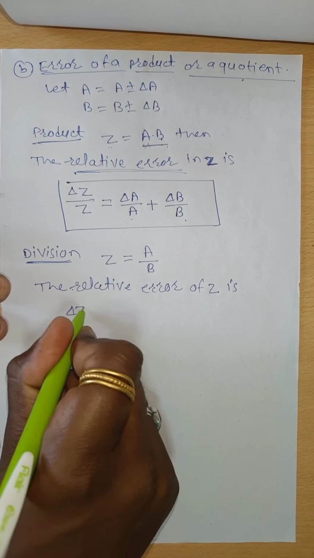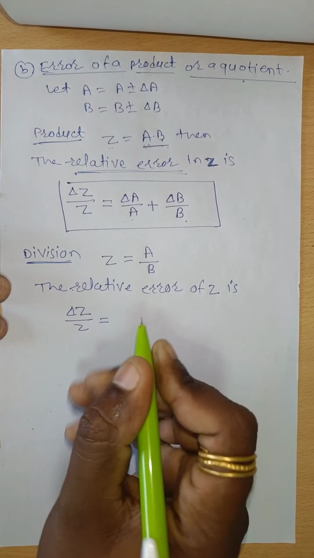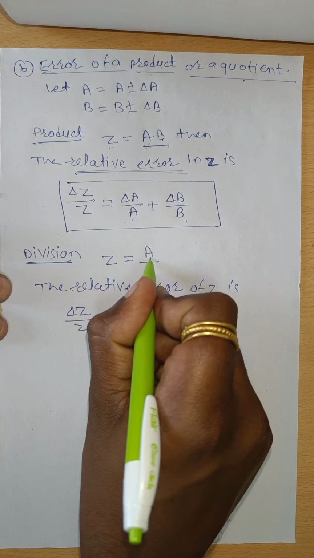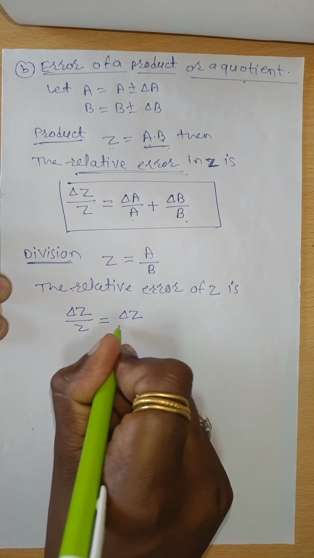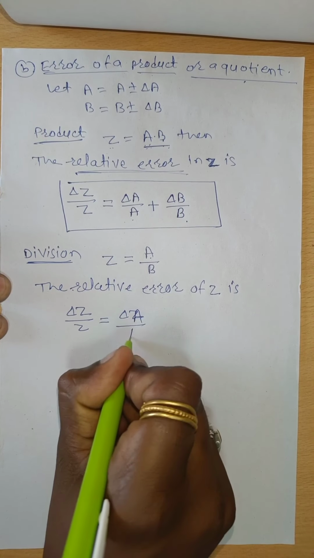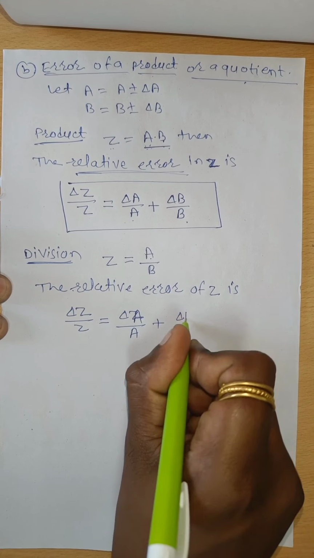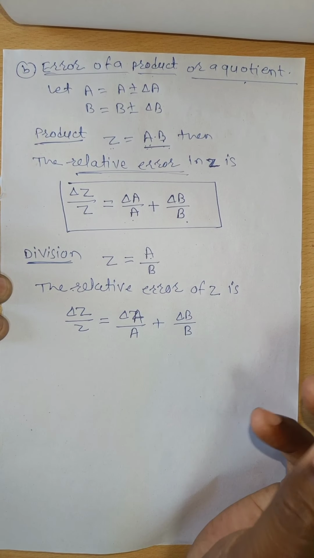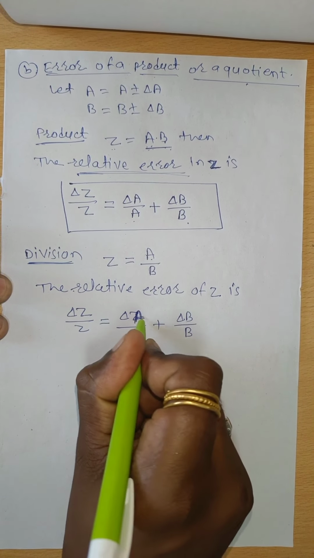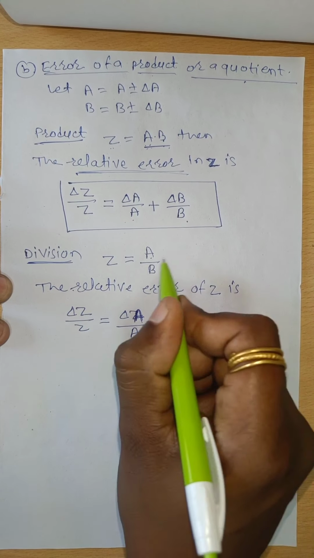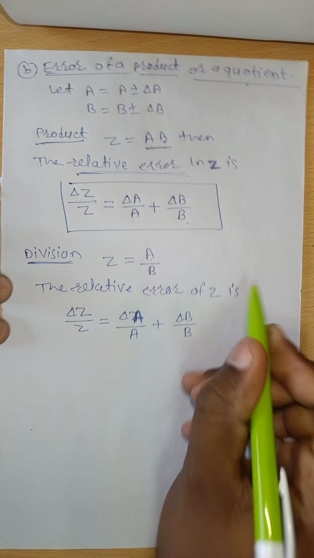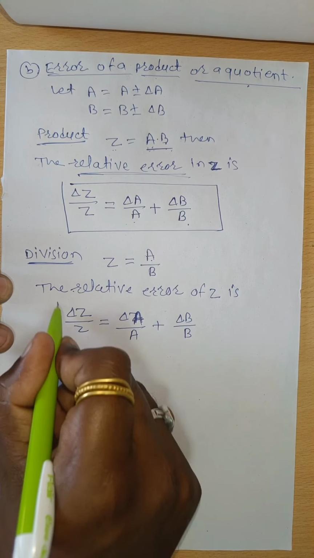The relative error of Z is delta Z by Z, which is equal to the relative error of the numerator, that is delta A by A, plus the relative error of the denominator, that is delta B by B. That is, the relative error of Z is equal to the relative error of the numerator plus the relative error of the denominator.